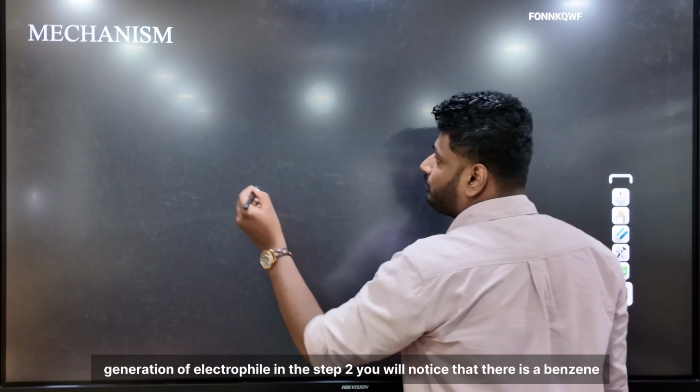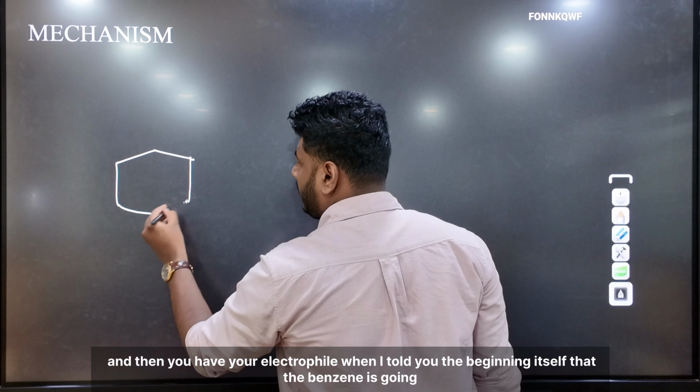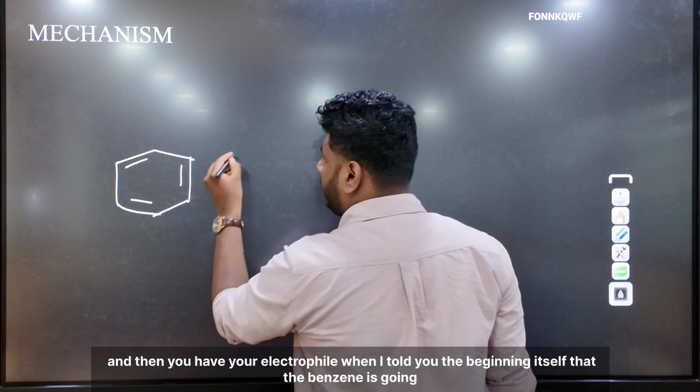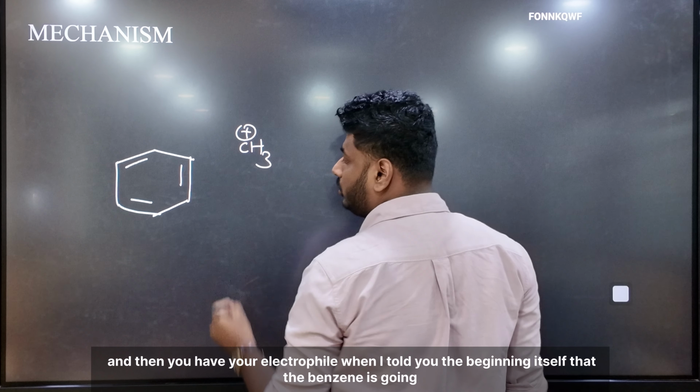In step 2, you will notice that there is a benzene and you have your electrophile. I told you in the beginning itself that the benzene is going to act like a nucleophile, which means this bond is your electron-rich bond. So this is going to open up to form a bond to this carbon.